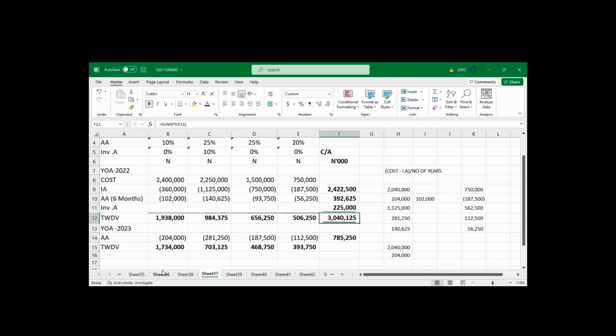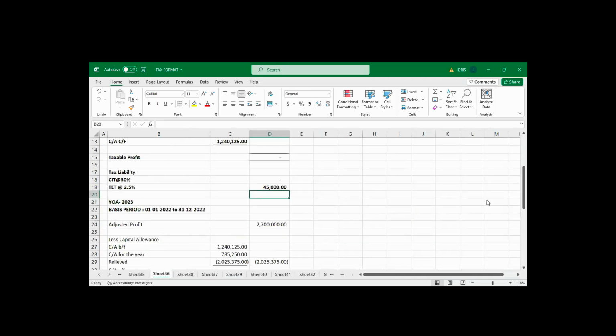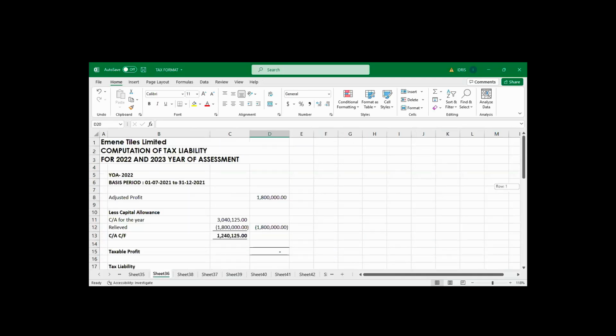So let's go and compute the tax liability. The profit for 2022 year of assessment, the adjusted profit, is 1,800,000. Less capital allowance. Look at the capital allowance for 2022 year of assessment, 3,040,125.